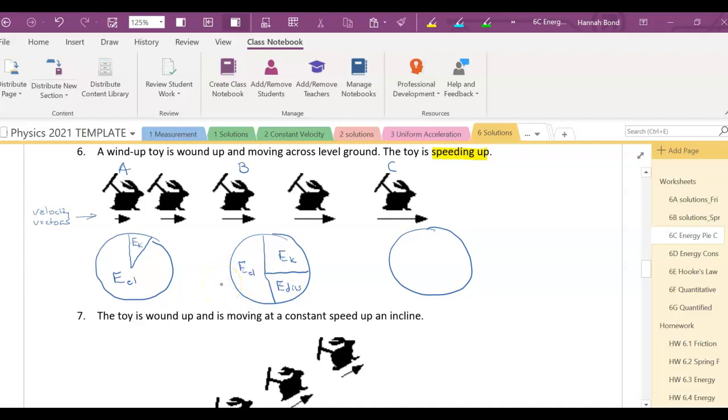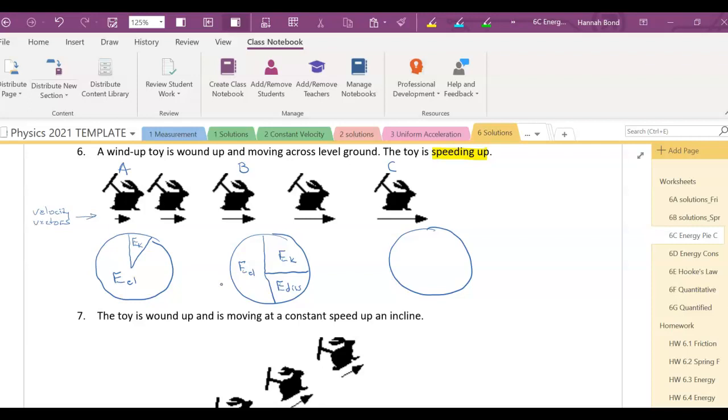Okay, but you and I might choose to draw these in slightly different ways, but the important thing is I should see the piece of pie that is for kinetic energy should be getting larger, because the bunny is moving faster. Okay, I should see some dissipation starting to be shown, because as the bunny overcomes friction, some of his energy is going into the E-dis storage mode, and I should see the elastic potential energy getting smaller, because I know that the spring is gradually going back to its original position.